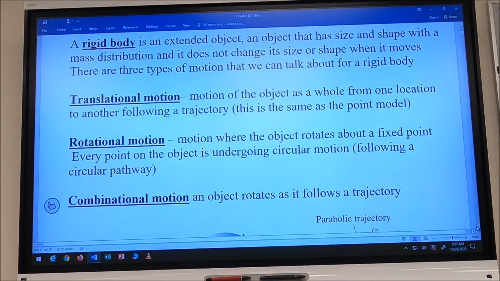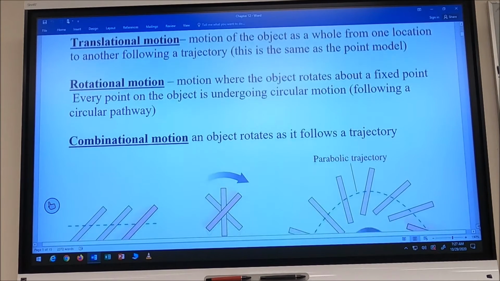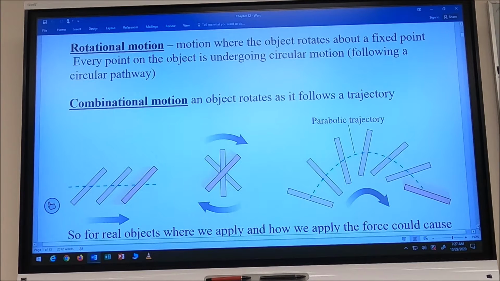3 types of motion we can talk about with rigid body: translational motion, motion of an object as a whole along from one location to another following a trajectory. Okay, what we talked about with the point model. Rotational motion, motion where the object rotates about a fixed point.